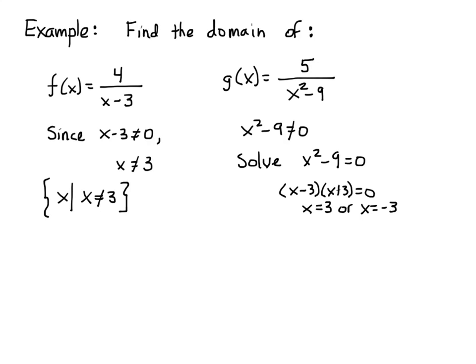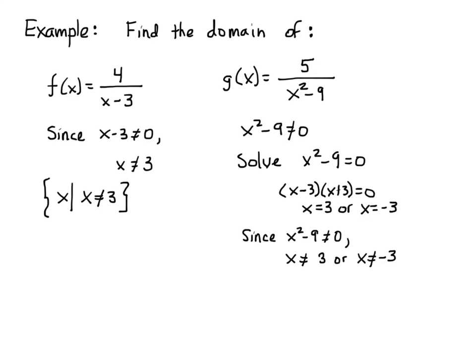That just tells me where x squared minus 9 equals 0. But we don't want that. So we will write our domain restriction as x does not equal 3 or x does not equal negative 3. So it's really important to understand the context of how you're using these symbols.